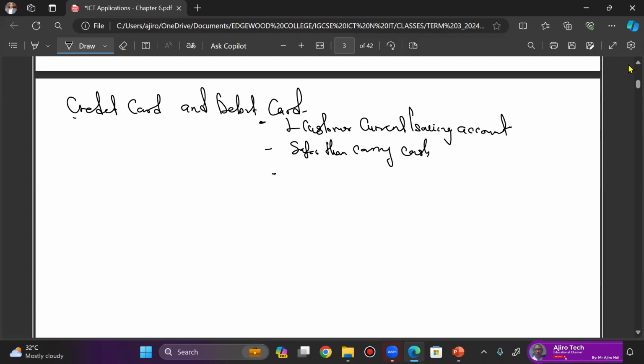And here you can also use it to buy items online. However, there's less protection here, for disadvantage, than the credit card. So if you make any payment, you bear the risk yourself. No credit is allowed in a debit card. So let's take note of that. And if you want to make any transaction, you must have funds available in the card.